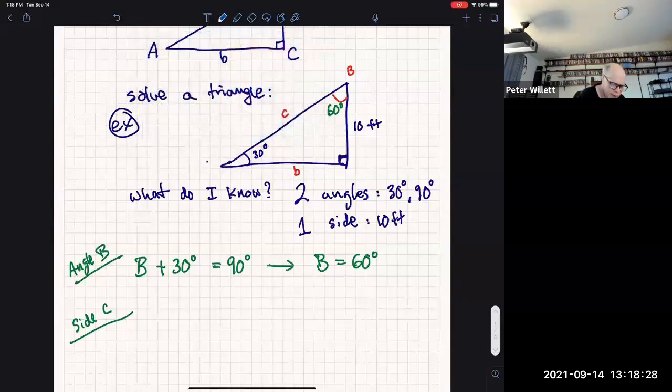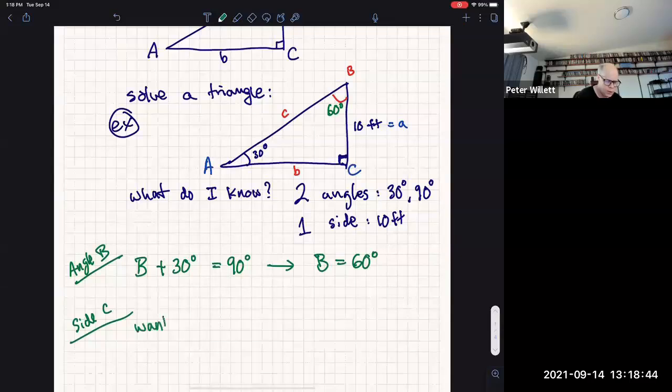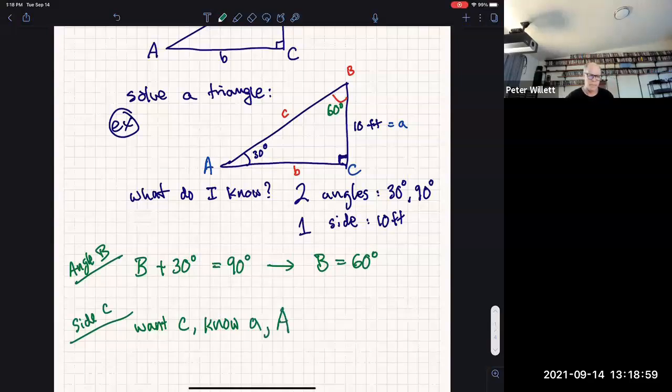So for example, from above, this is angle A, and this is side A, and this is angle C. All right, so we want C, and we know side A and angle A. So we can relate these three things together, side A, angle A, and side C, using a trig function, by taking note that side A is the opposite side to angle A, and side C is the hypotenuse of the triangle.